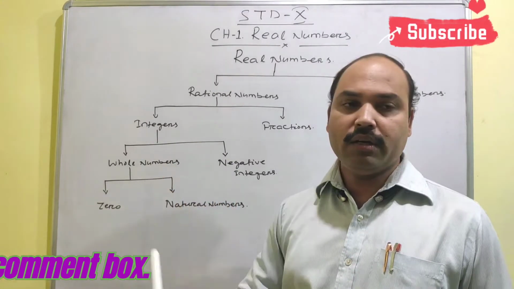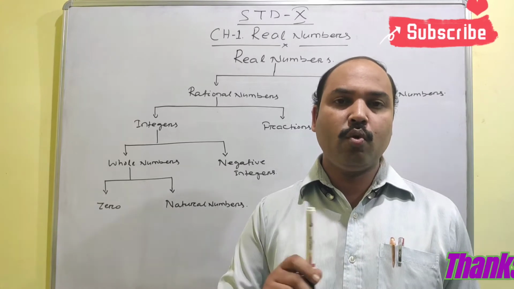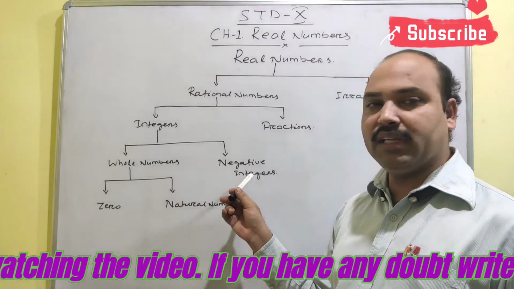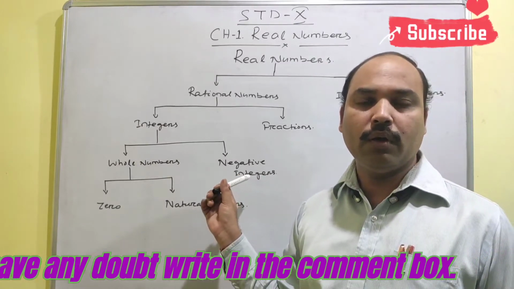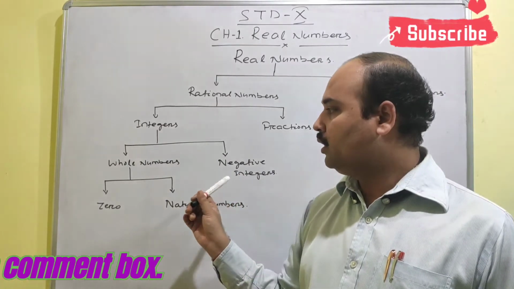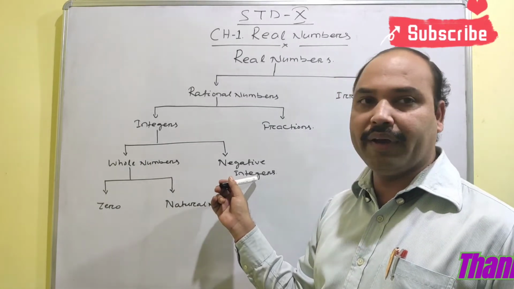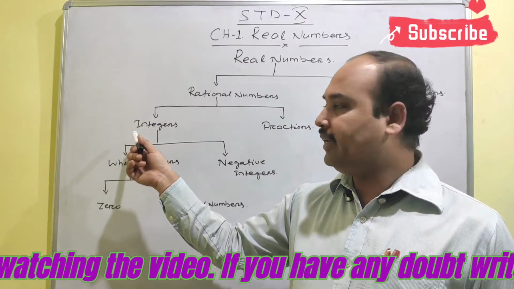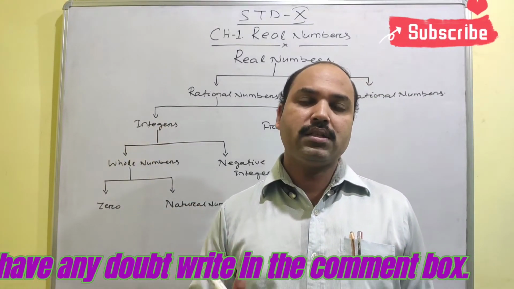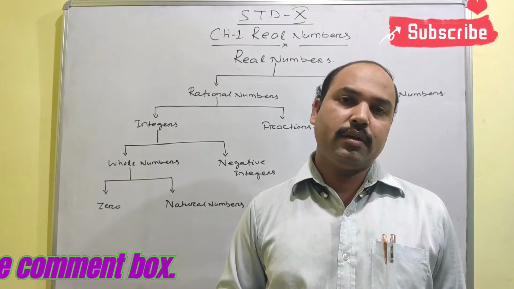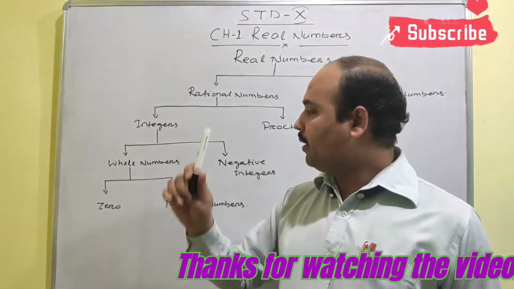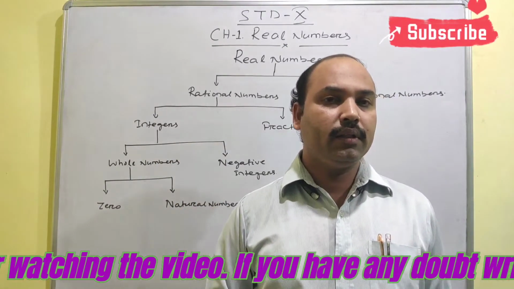In whole numbers, from 0 onwards, that is 0, 1, 2, 3, 4 like that, all the numbers will be there. And in negative integers, before the number, the minus sign will be there. So when whole numbers and negative integers get together, we get the integers. It means the integer is the set in which natural numbers, 0 and negative natural numbers will be there.